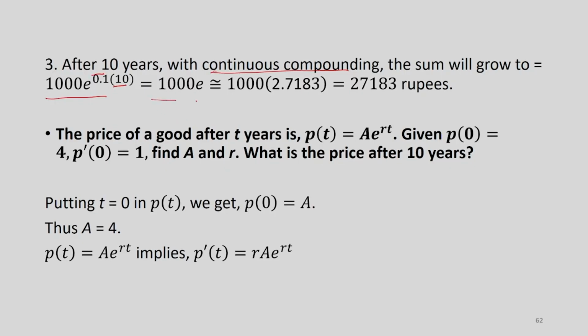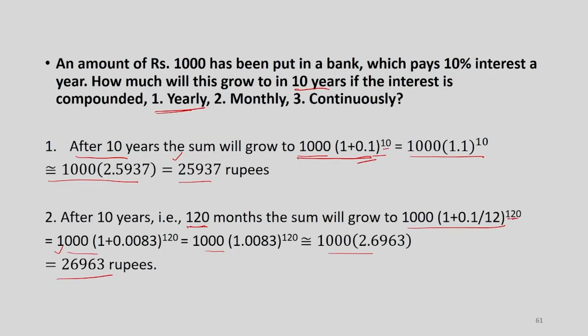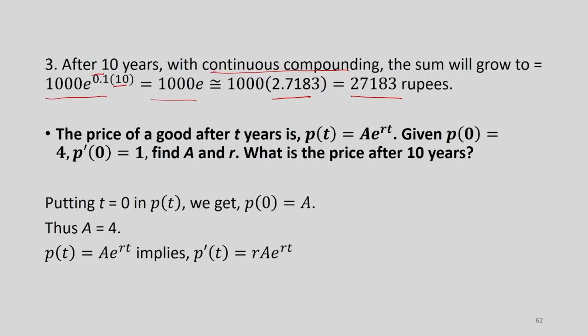So we just have to find out what is 1000 multiplied by e. E, as we know, is given by this number approximately, and this comes out to be 27,183 rupees, and this is higher than the amount that is obtained when the compounding is done monthly, right? So that is the answer.